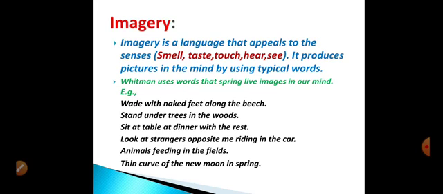So it's basically use of words, use of language in such a way that really appeals to our senses. Sometimes it appeals to our sense of smell, sometimes taste, touch, or hearing, or our vision, visualization. So we see it. So it's a use of words which produces pictures in the mind by using typical words.